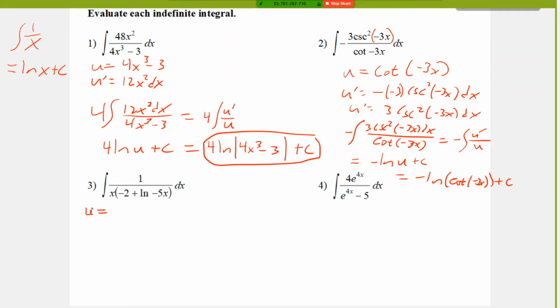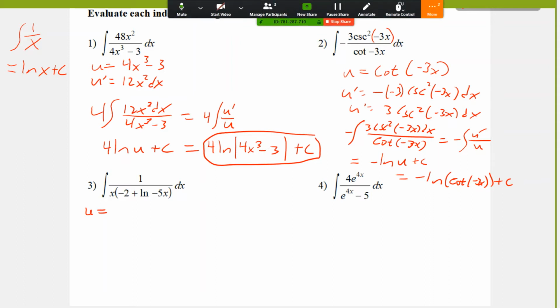Niall, what is our u for number 3? I think my Zoom may have just froze.